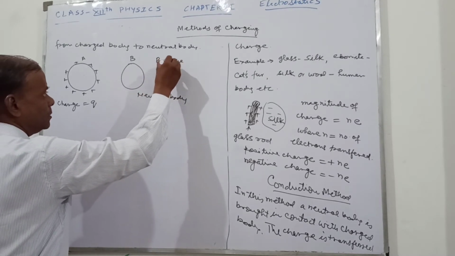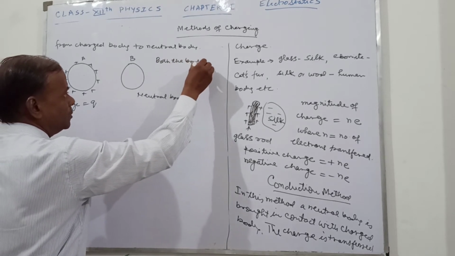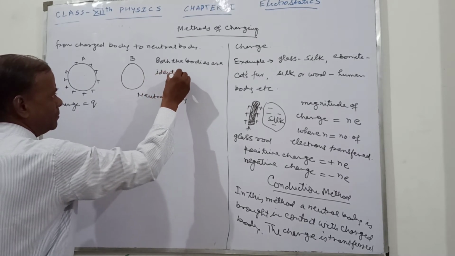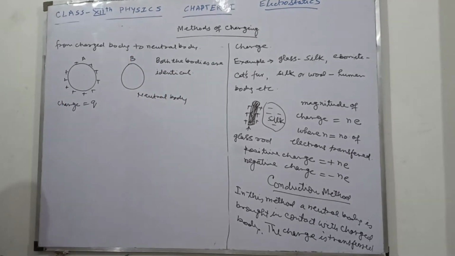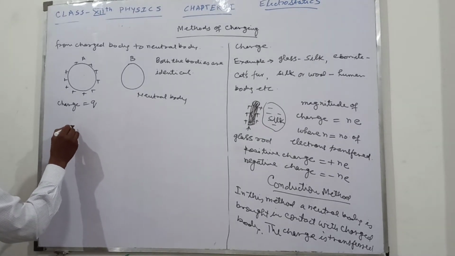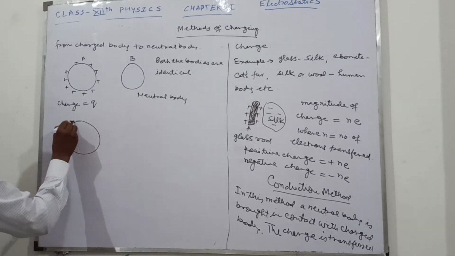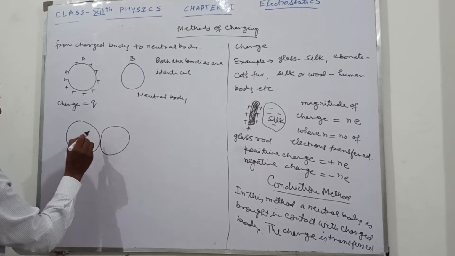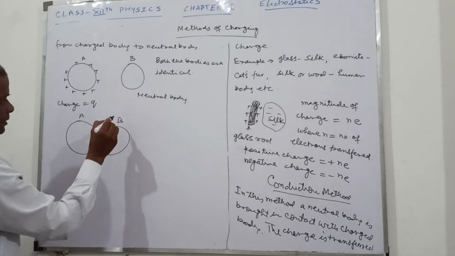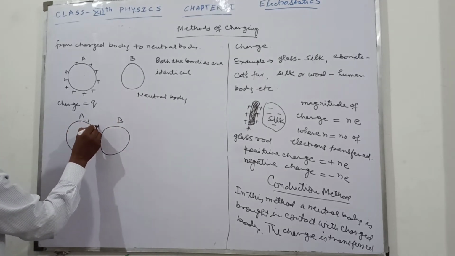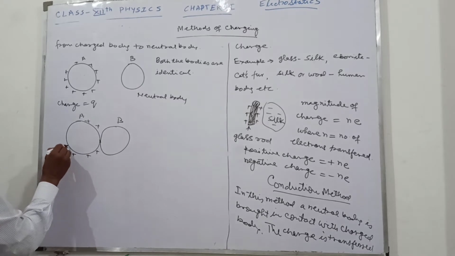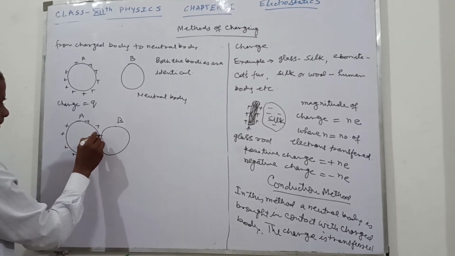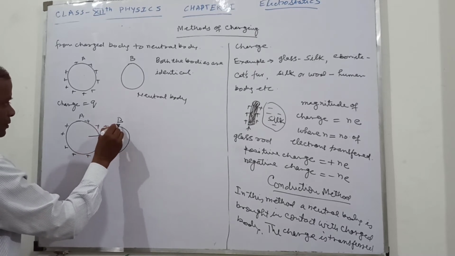If they are kept in contact, the charge on body A will transfer to body B, so B will also get the charge.